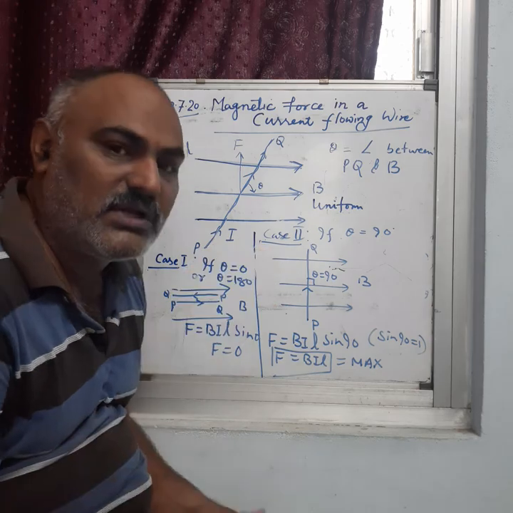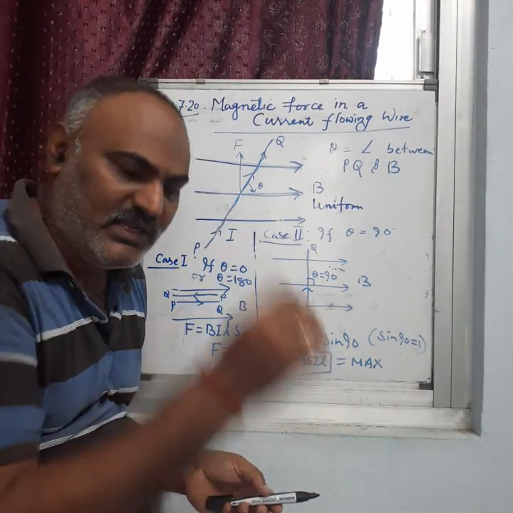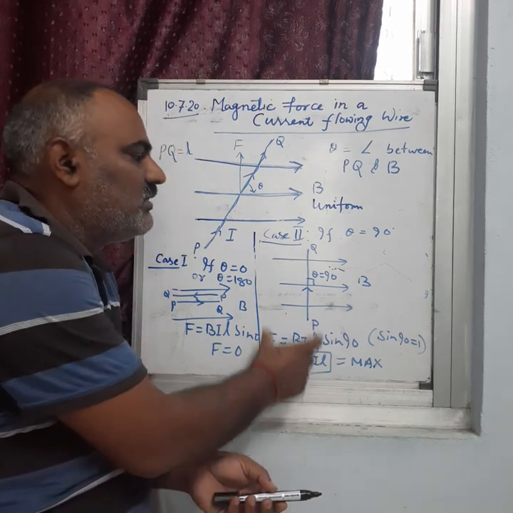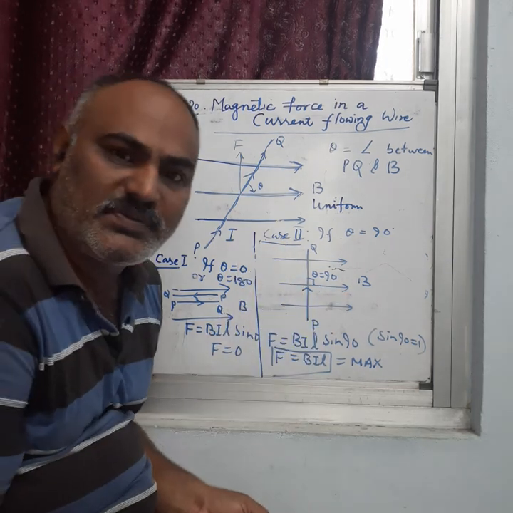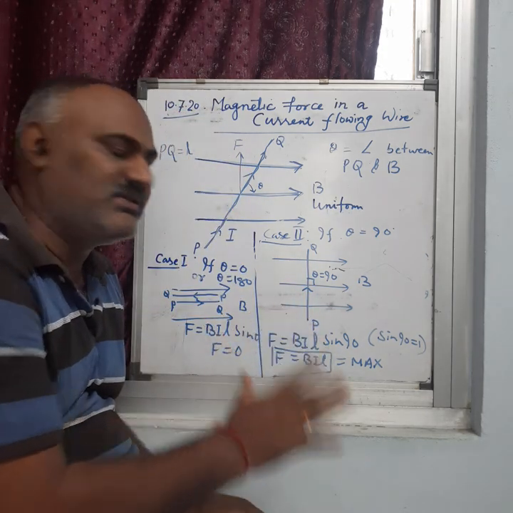So we got the conclusion that the magnetic force will be maximum when the current-carrying wire is perpendicular to the magnetic field. This is the basic concept.